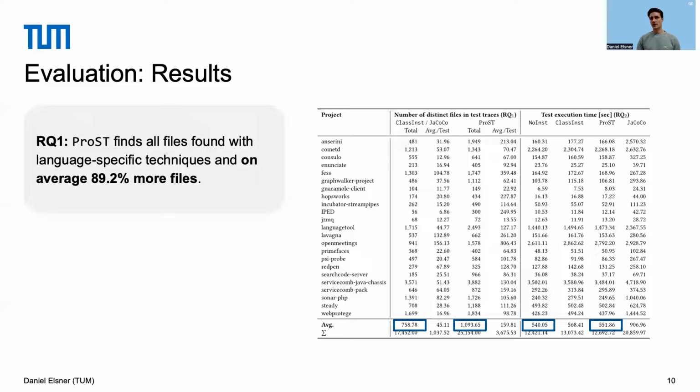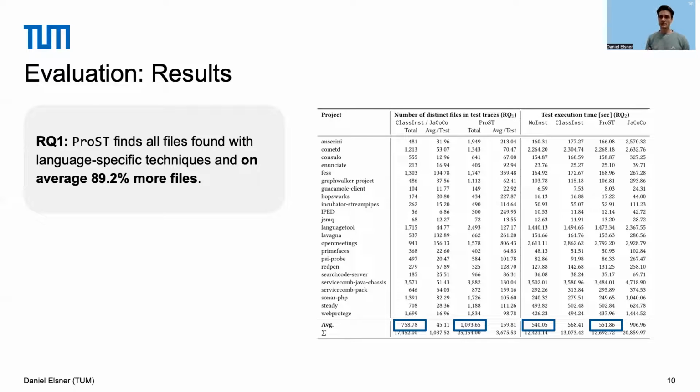Again, here are the evaluation results. What we can see here, and I put a little border around it, for the first research question on the left side, is that ProST finds all files that the language-specific technique finds, and it also finds, on average, almost 90% more files.